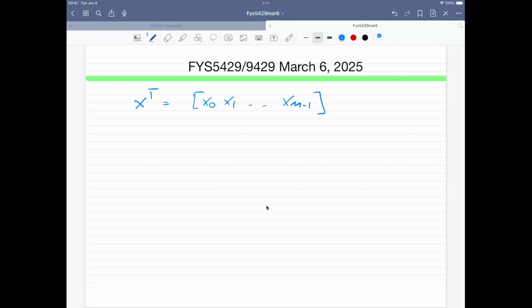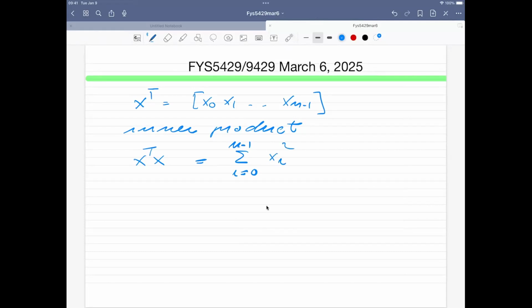Then we know the inner product, which is normally written like x transpose times x. This is just for the vector itself. And that is simply a sum from i equals 0 up to n minus 1 over the xi squared values. Okay, that's the inner product.